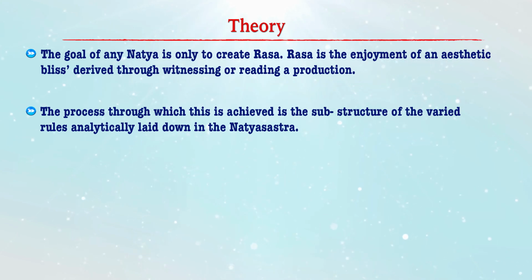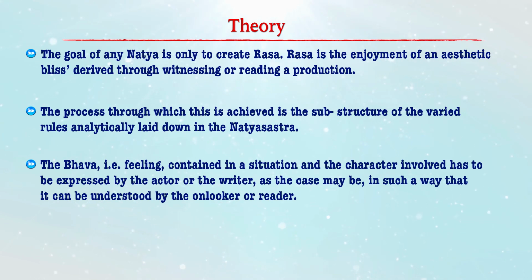The process through which this is achieved is the substructure of the varied rules analytically laid down in the Natya Shastra. The bhava, that is feeling, contained in a situation and the character involved has to be expressed by the actor or the writer, as the case may be, in such a way that it can be understood by the onlooker or reader.